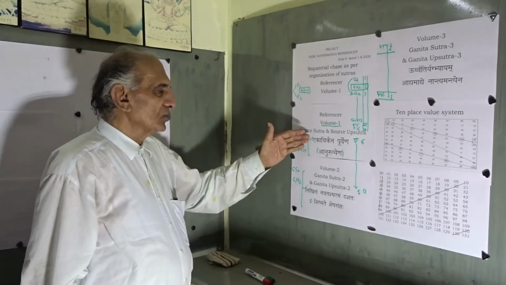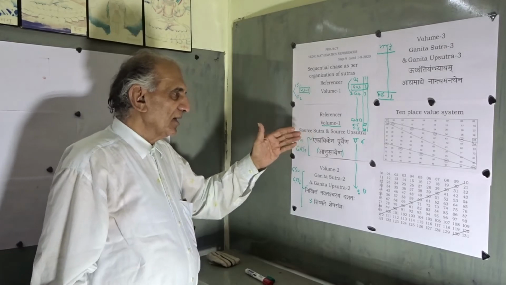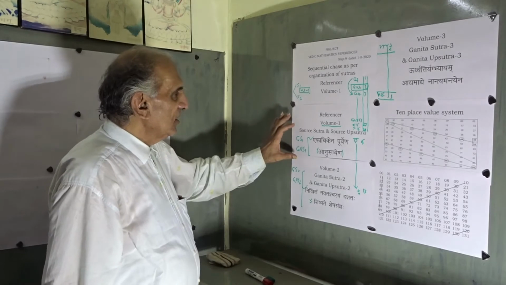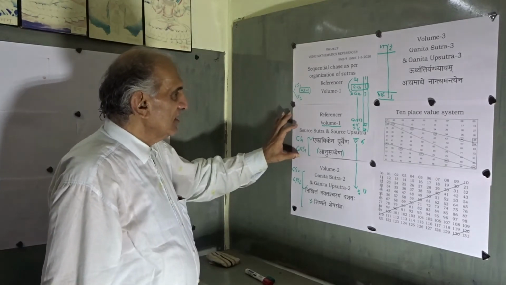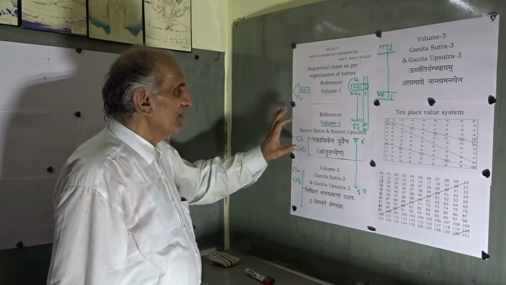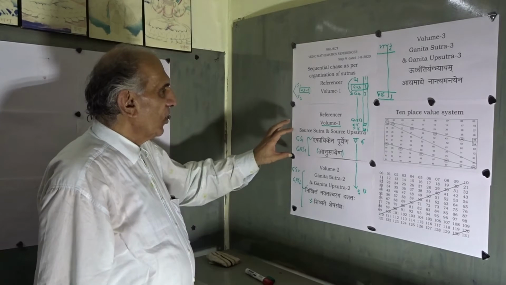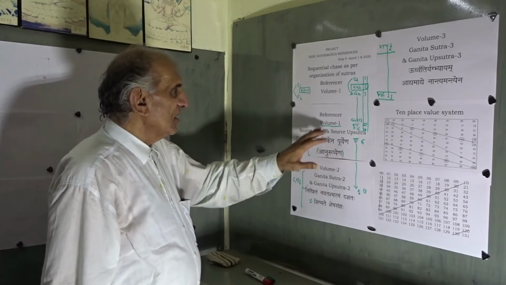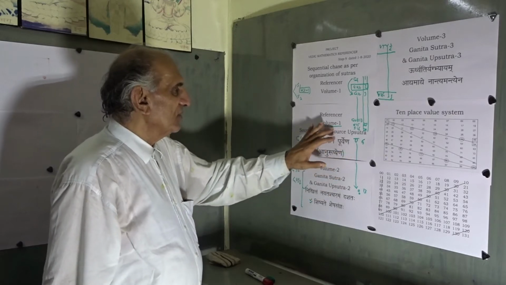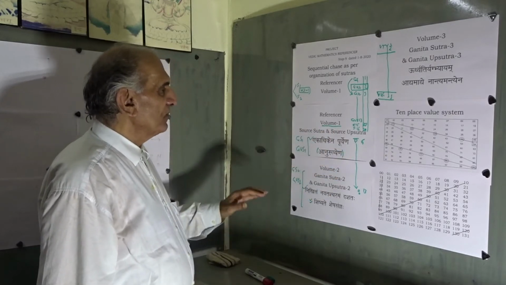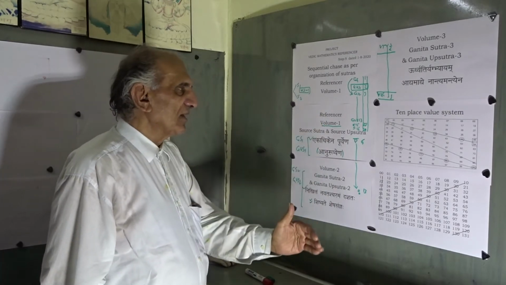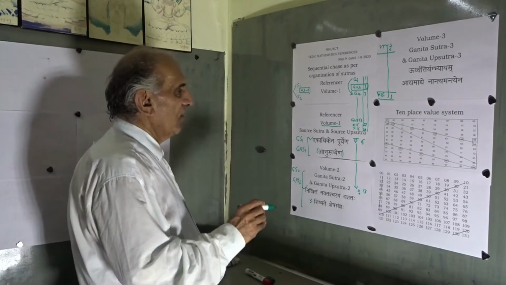As Ganita Sutra-1 is the source sutra and Ganita Sutra-1 is the source of sutras, therefore the structural values, the organizational values, the structural keys and the mathematical domains, though at the present stage in volume 1 look like a coverage of this pair of steps, in fact lay down the foundations for all the volumes.